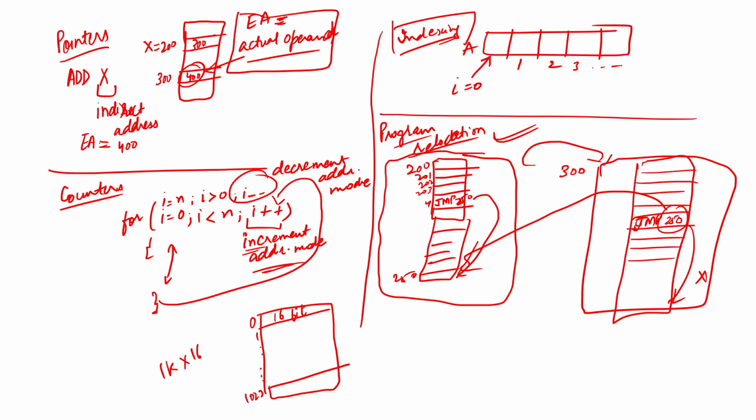These 1K locations can be addressed using only 10 bits. So a lot of space is being saved. To reach an address, only 10 bits are required in this case of 1K locations, so the number of bits in the address field reduces.